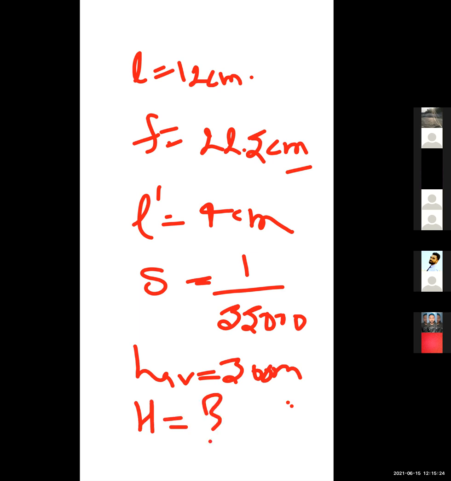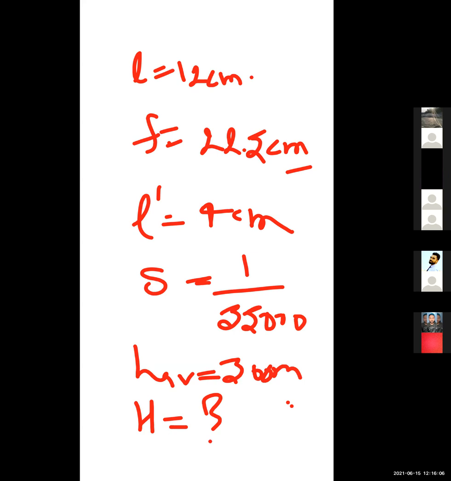So calculate this value. How do we calculate?